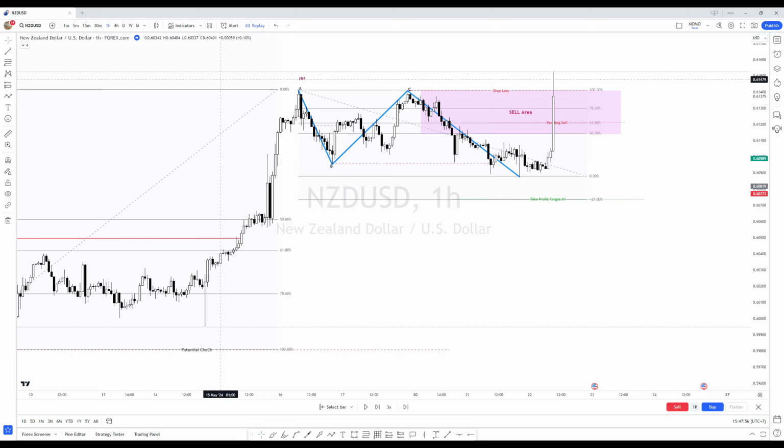Why? Because the 100% level here, or my ABC pattern, or actually ABCD pattern, was not broken by candle body. If this candle here broke by body above A, I would consider this setup invalid.